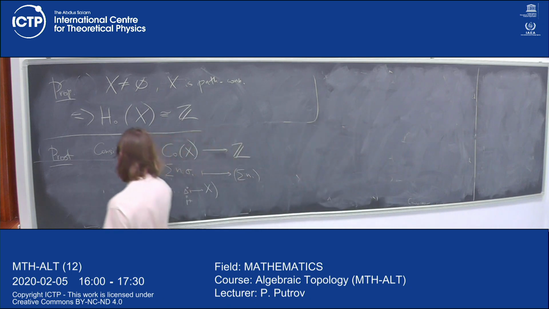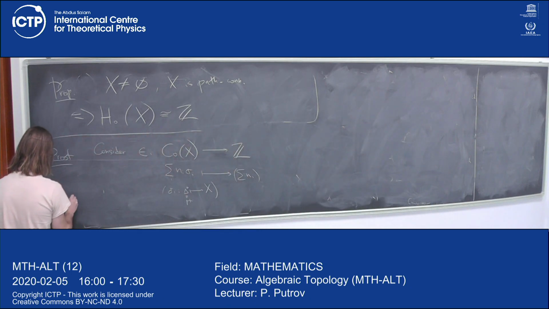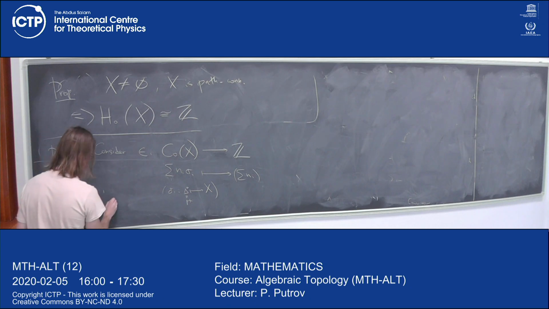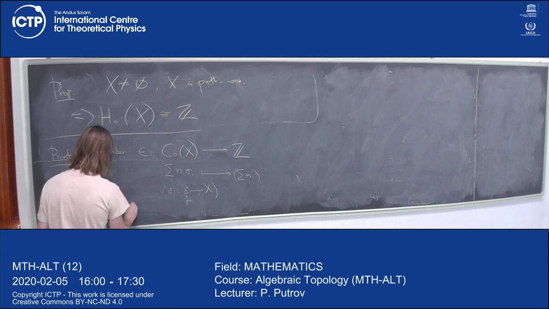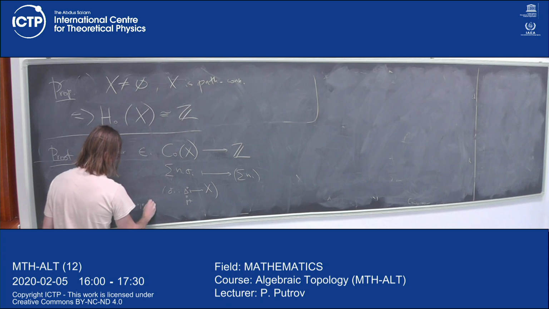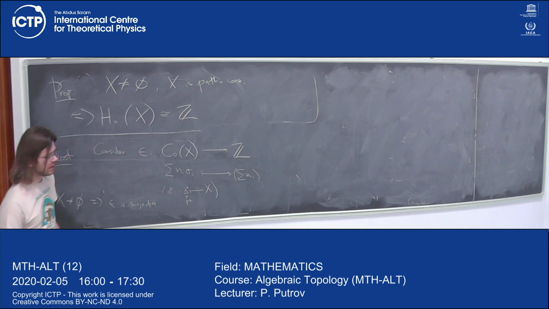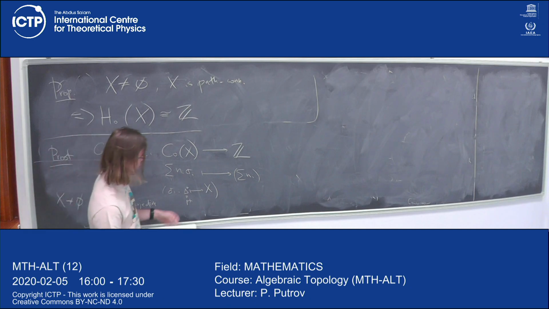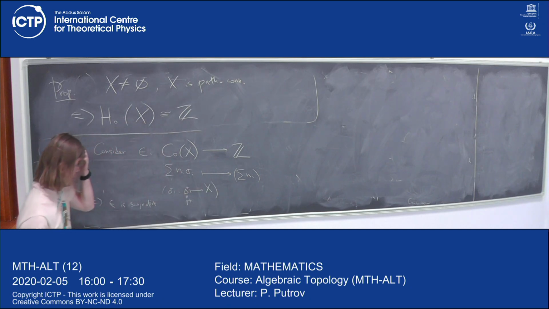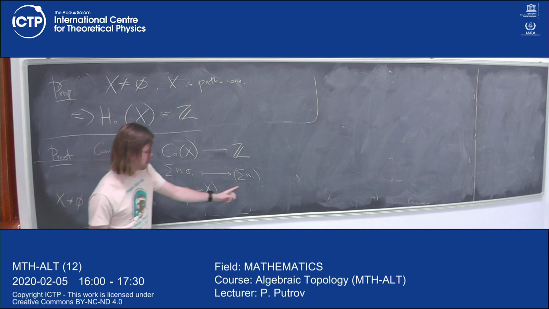And we know that if X is not empty, this means that this map is surjective. To show it's surjective, by definition it's a homomorphism, so it's enough to show that we can obtain 1 here.